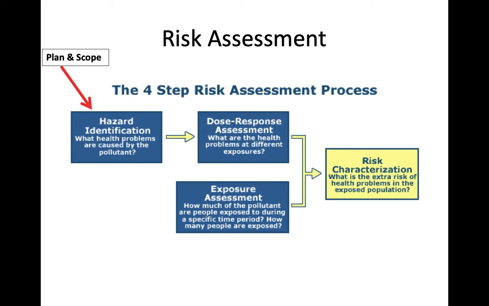The exposure assessment: how much of the pollutant or chemical or whatever exposure you're looking at is exposed to during a specific time period, and how many people were exposed. Then the risk characterization: what is the extra risk of health problems in that exposed population?